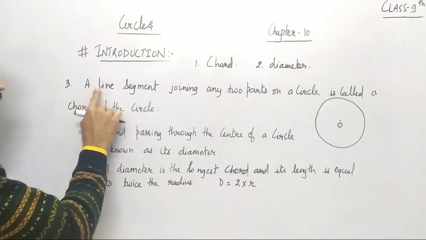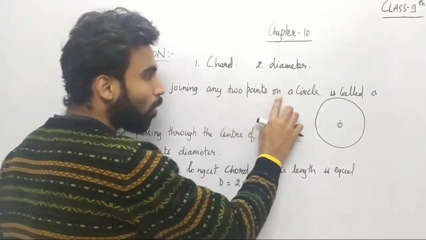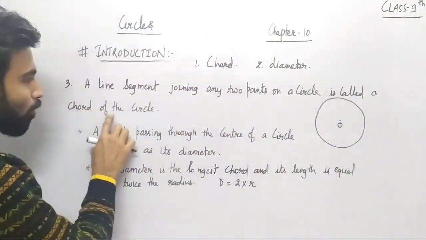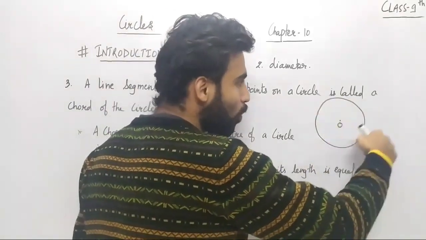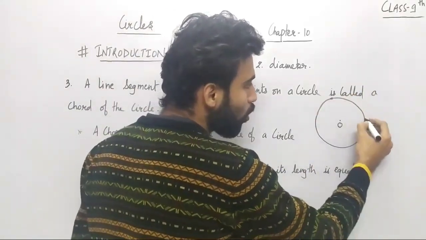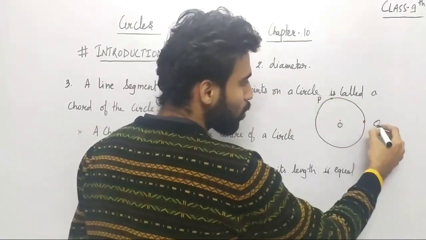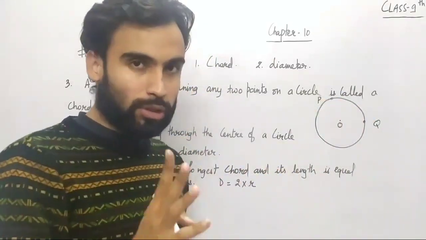A line segment joining any 2 points on a circle is called a chord of the circle, right? So let me tell you, suppose there are two points on this circumference. Let me take this point as P and this point as Q. Both the points are lying on the circumference of the circle.